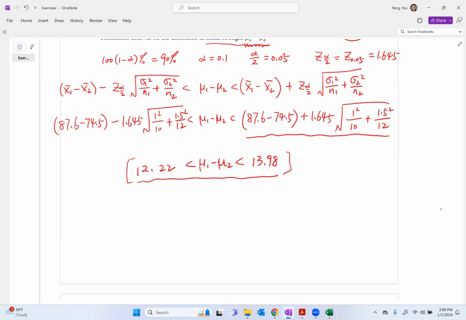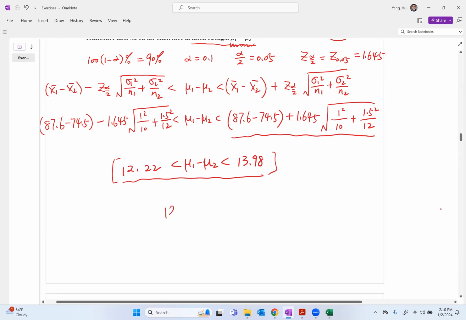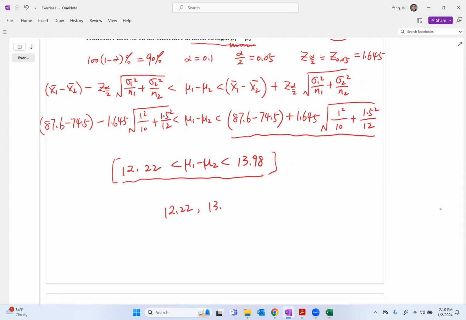In fact, we can state that we are 90% confident that the mean strength of alumina grade 1 exceeds that of alumina grade 2 by between 12.22 and 13.98 kilograms per square millimeter.